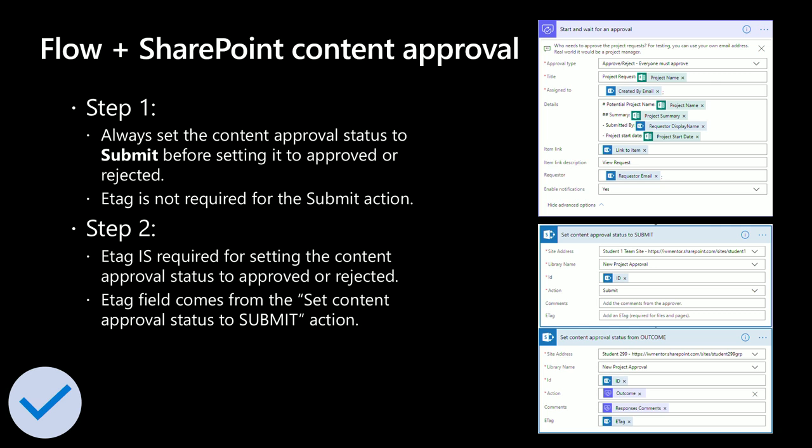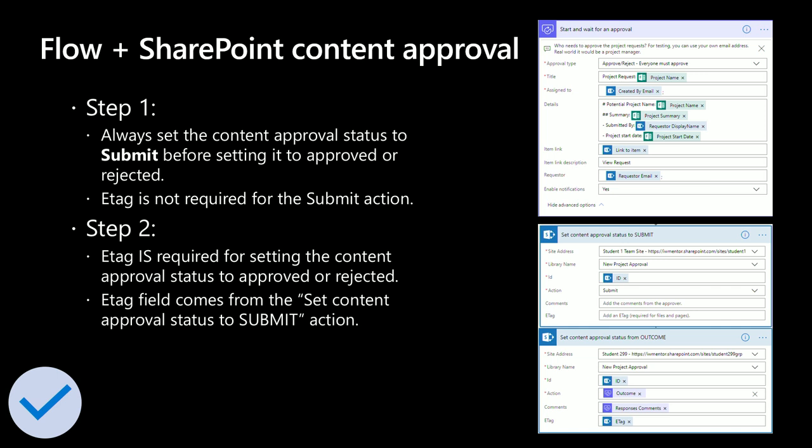So after your approval action happens, the tricky part that's not obvious is you have to use this action to set the content approval, and you have to do it twice. So in the first set content approval, you have to choose action submit. And submit just has to be done before you can set it to whatever the actual outcome is, like approve or reject.